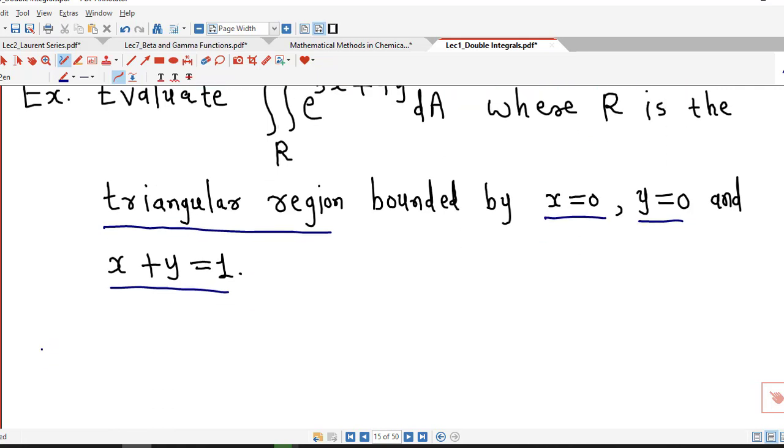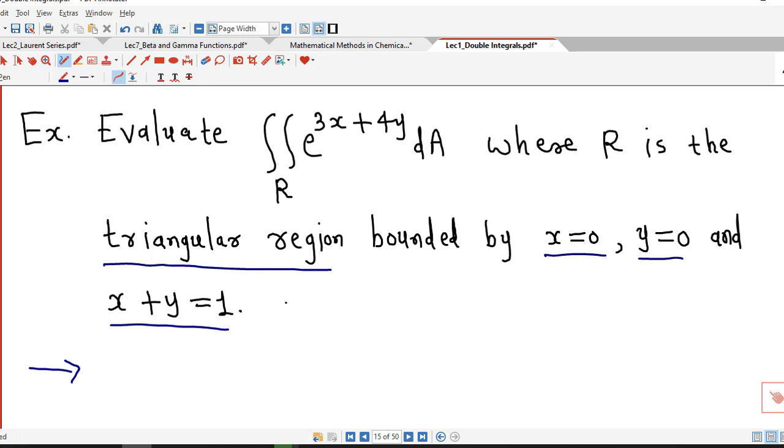So as a very first step we just write down the intersecting points of given curves. This is y axis and this is x axis, so we know that these two intersect at 0 0, and if we put x equal to 0 in this line we will obtain y equal to 1.